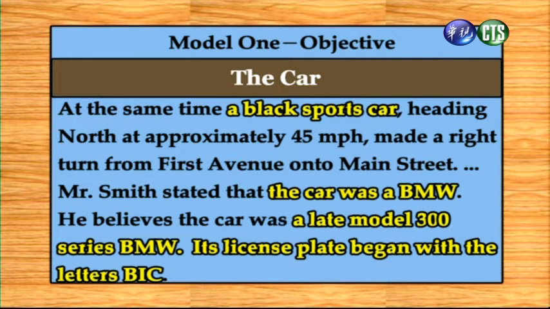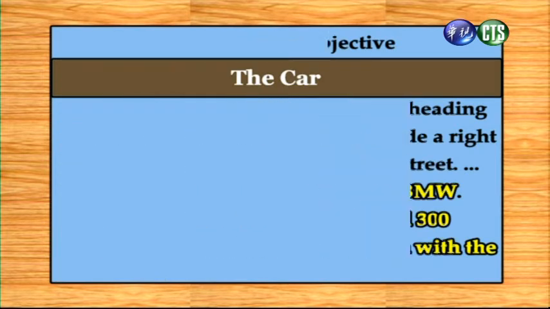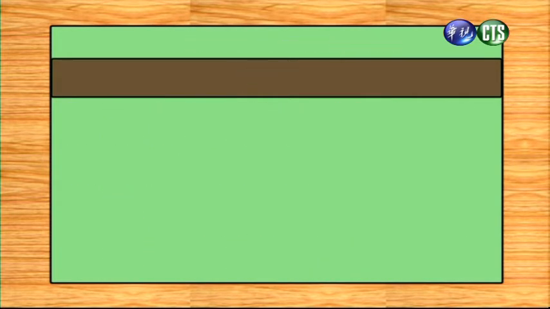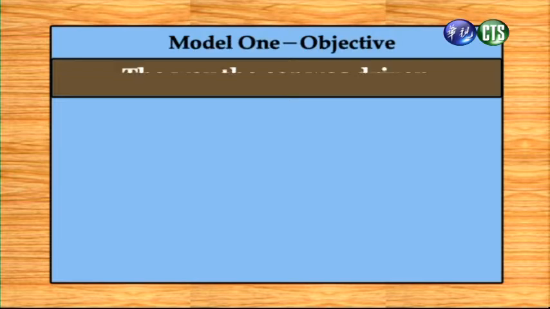While in the subjective version, it focuses more on the fact that it was a sports car and also maybe the idea that this is like a pirate ship more than the model of the car. Here the author adds some personal feeling.